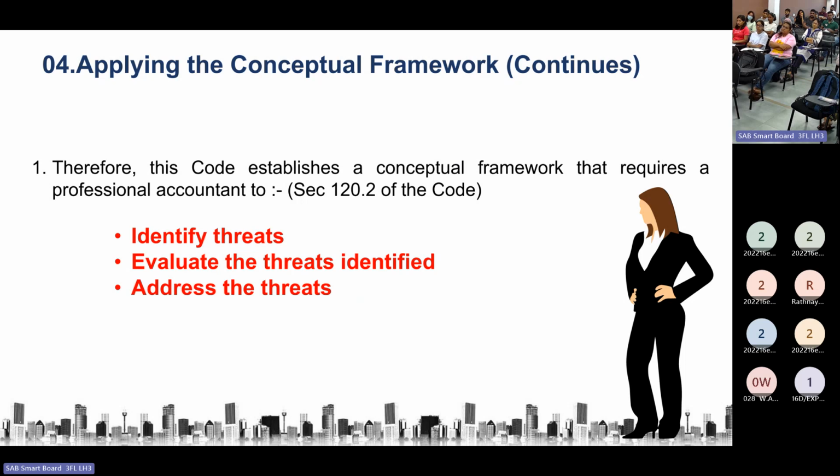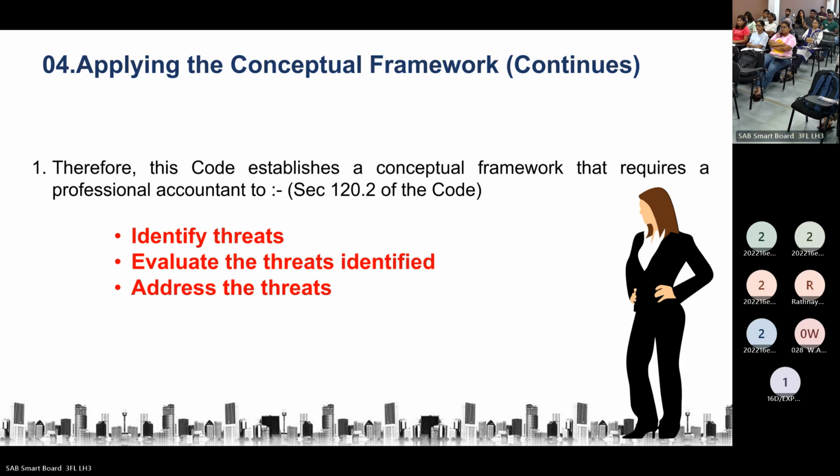I can inform him what will happen if I do this. Likewise, you can talk with that person and clear this threat. You can eliminate the threat by talking with that person and having some sort of agreement. Then we say that threat is not significant.